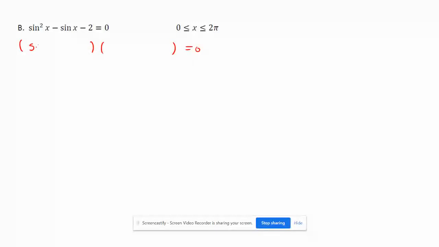And this is going to factor to sine x minus 2, and then sine x plus 1 equals 0. That means that sine x minus 2 equals 0, or sine x plus 1 equals 0. Add 2 to both sides, that means sine x equals 2, or sine x equals negative 1.